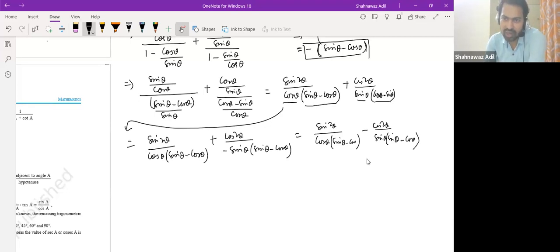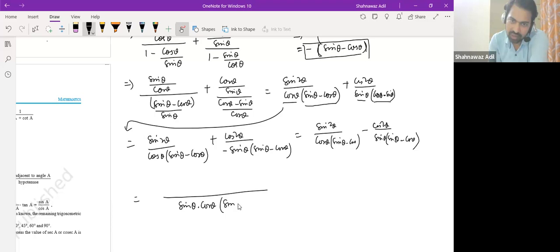Now we have these common terms. If we take the LCM, the LCM would be sine theta into cos theta into sine theta minus cos theta. First I divide with this, and then this is the remaining term.